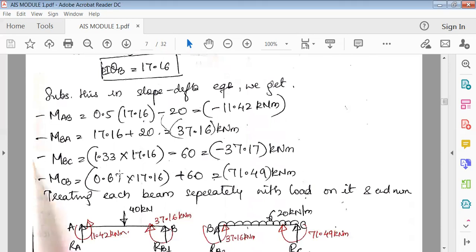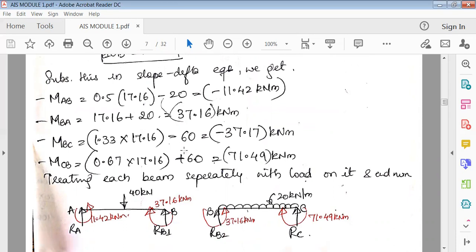So check this now. MBA is 37.16, so it's positive. MBC is minus 37.17. When you add this, it should be 0. So always MBA should be equal and opposite to that of MBC. Only then is whatever you have solved right. All right.